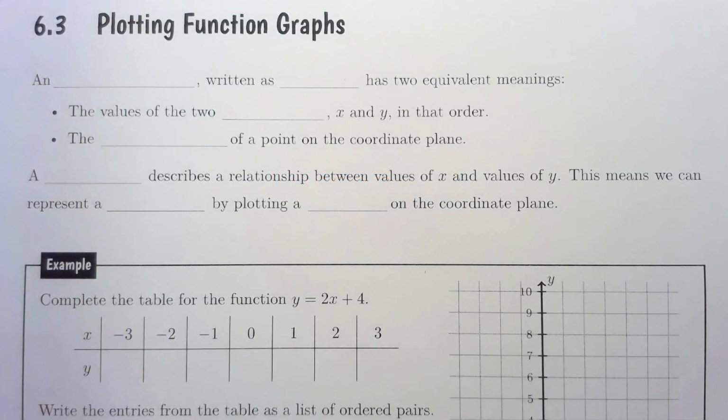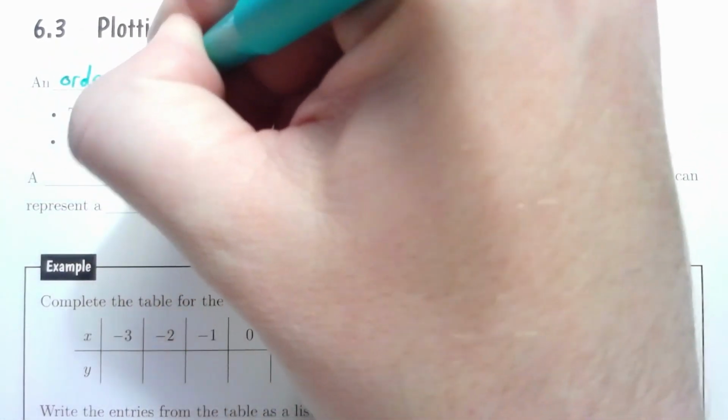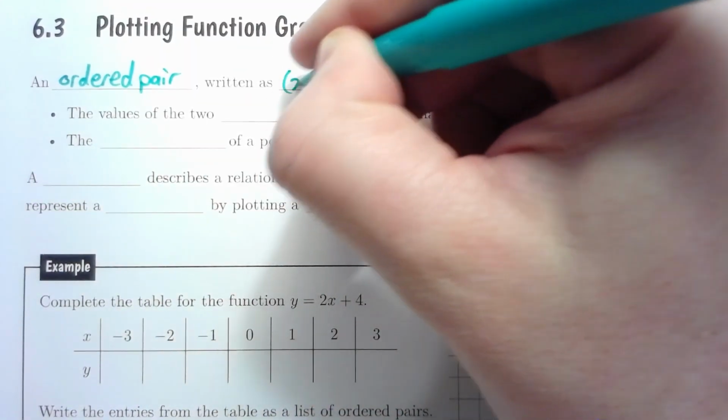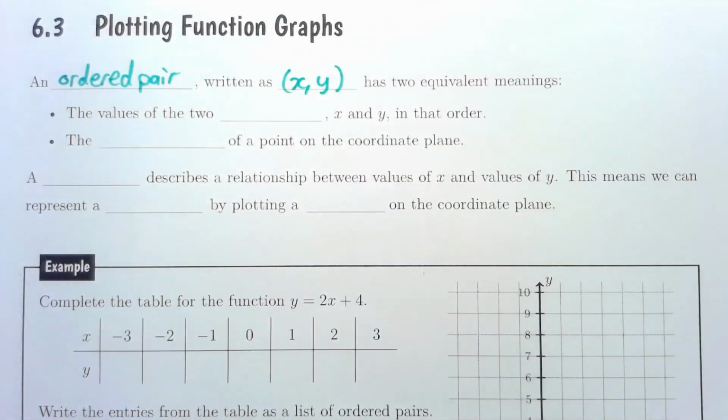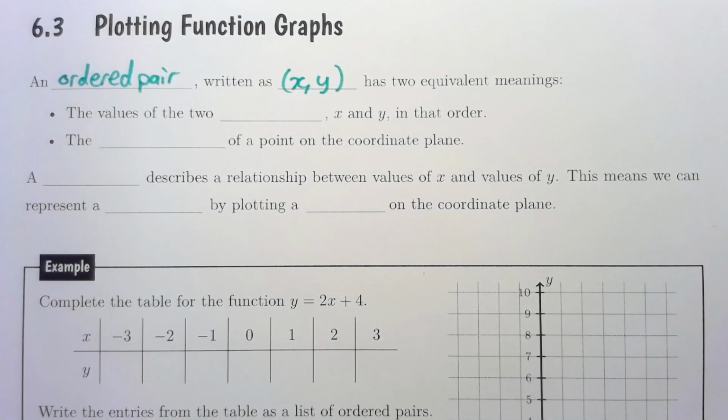So, to connect the idea of functions and graphs, we're first going to talk about ordered pairs. An ordered pair, which we write as two numbers in parentheses like this, though I'm using variables right now, and you'll see why in a moment, those variables are x and y.